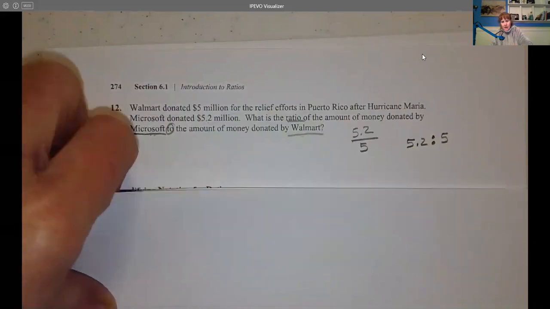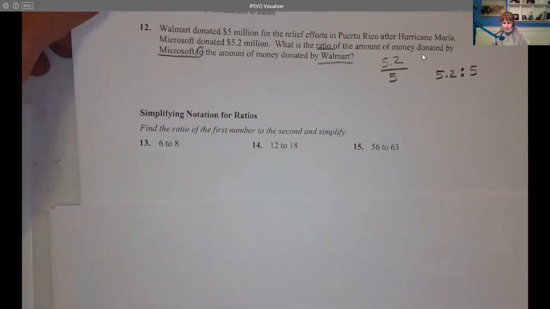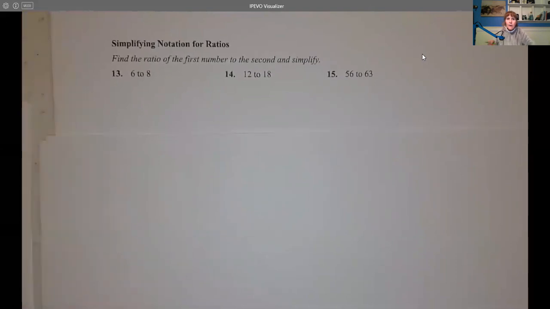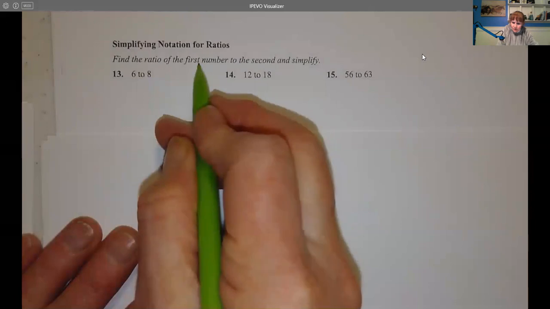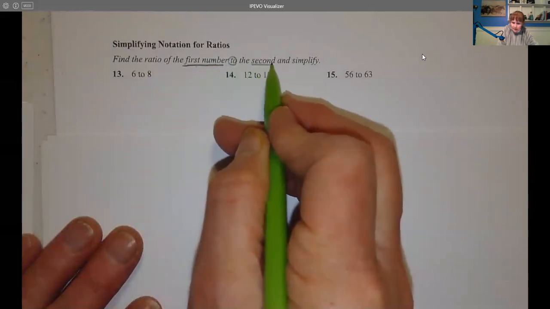Let's look at some examples where, when we read the instructions, it tells us find the ratio of the first number to the second, and then simplify. In other words, when they say simplify, you need to reduce the fraction you've created. Well, here we're going to find the ratio of the first number to the second number.